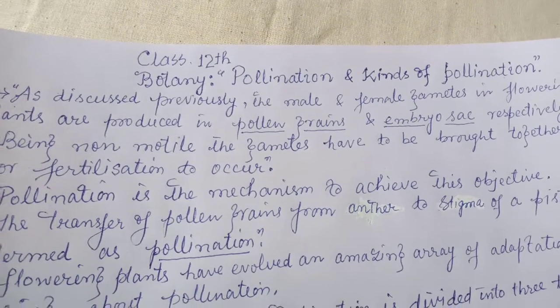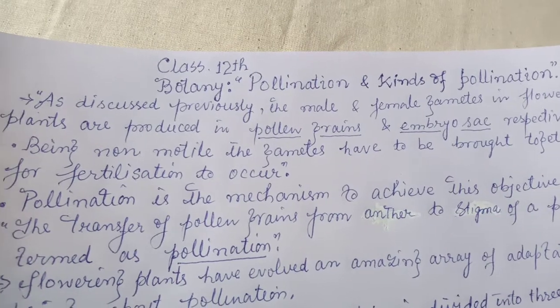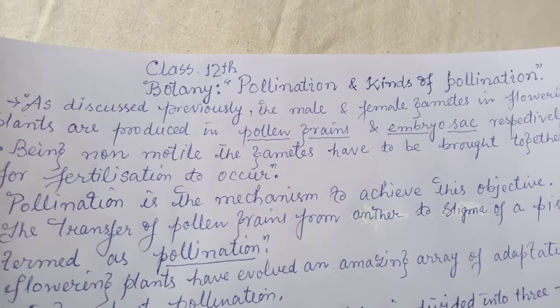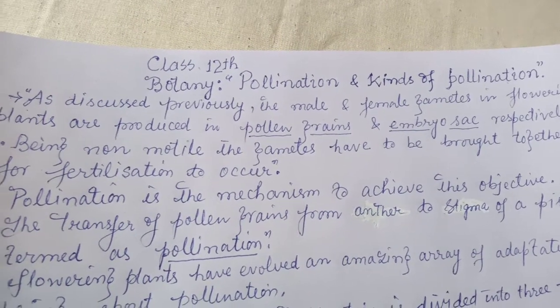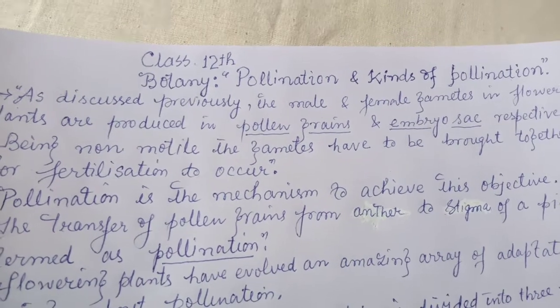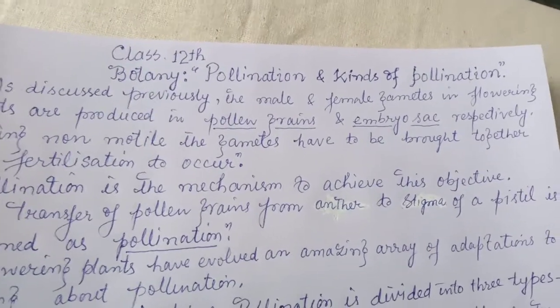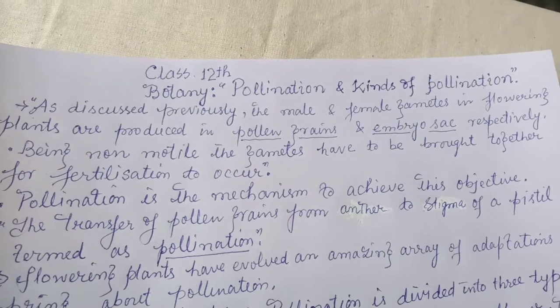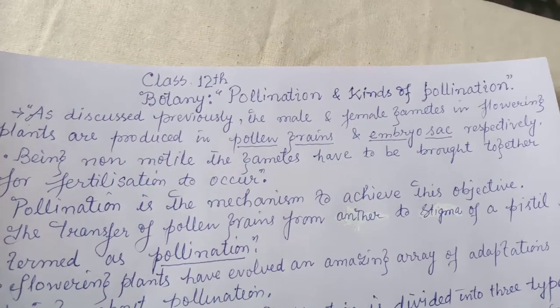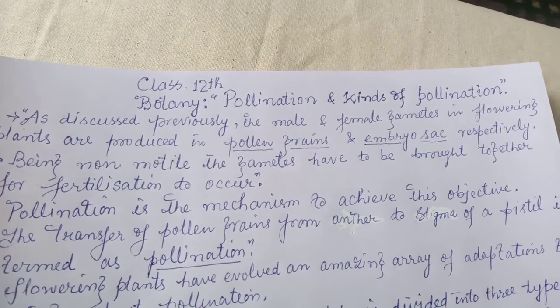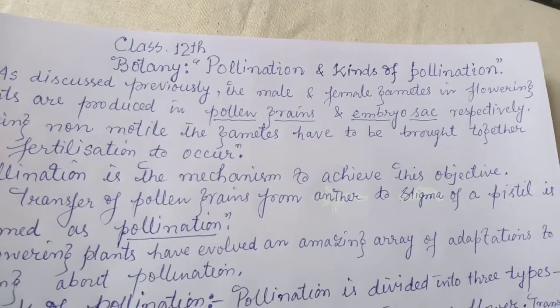As both male gametes and female gametes are not capable of movement in the case of flowering plants, pollination is the mechanism to achieve this objective. Pollination is the transfer of pollen grains from anther to stigma of a pistil.